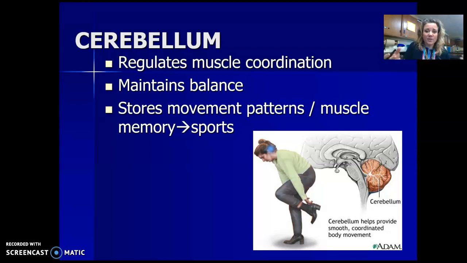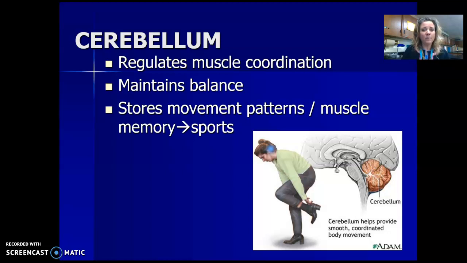And your cerebellum is going to stimulate your muscles to correct your motion so that you don't fall over and tip over and hurt yourself. Instead, you're going to be able to compensate pretty quickly for the heaviness of that object so that you don't hurt yourself. And that is our cerebellum.